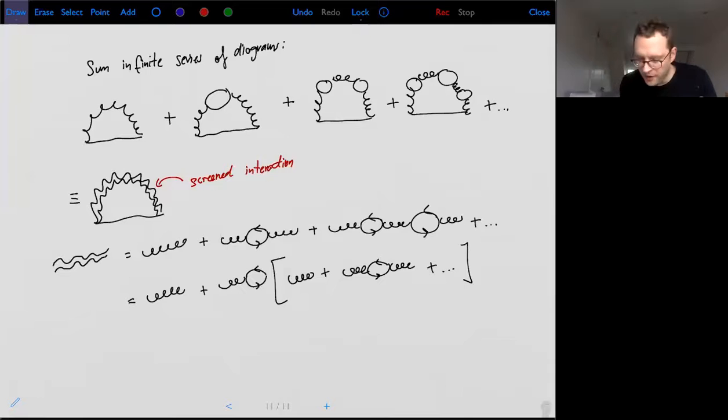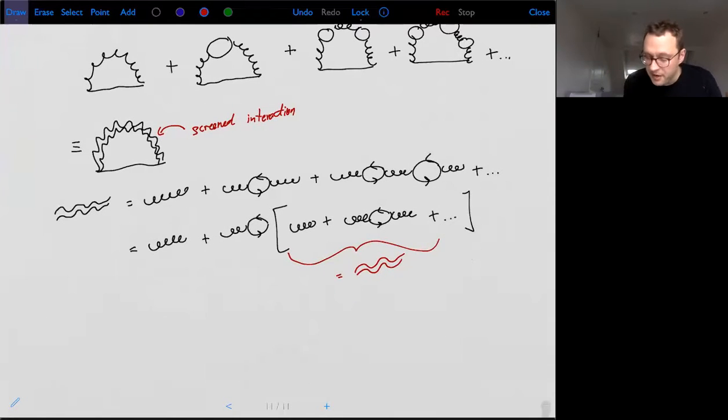Right? So if I multiply out these brackets in the second line, I get my first line back, but the expression in brackets is, of course, again, just the same as my screened interaction. And so I get an equation that's very similar to the Dyson equation for my screened interaction.